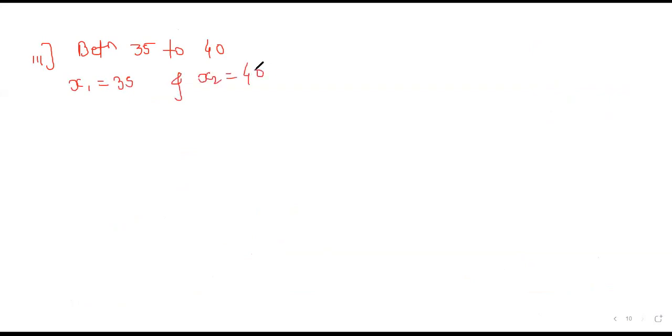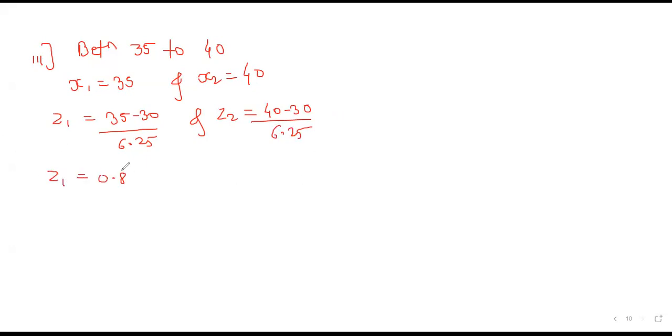From this we calculate z1 is equal to 35 minus 30 upon 6.25 and z2 is equal to 40 minus 30 upon 6.25. Therefore z1 is equal to 0.8 and z2 is equal to 1.6.